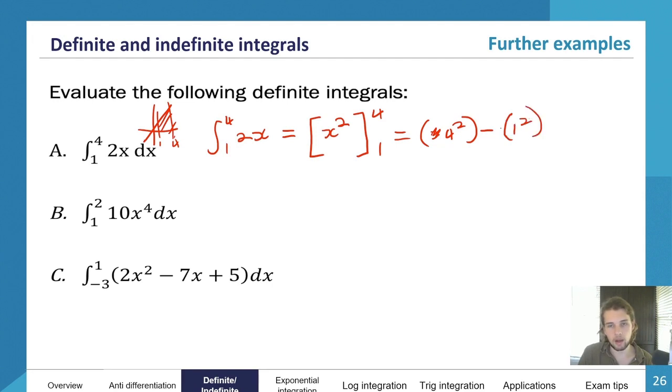So again, I'm substituting 4 in, then I'm putting a minus there and substituting the 1 into that second instance. So that's 16 minus 1 is equal to 15 is our answer there. So that's the area in here on this line there.